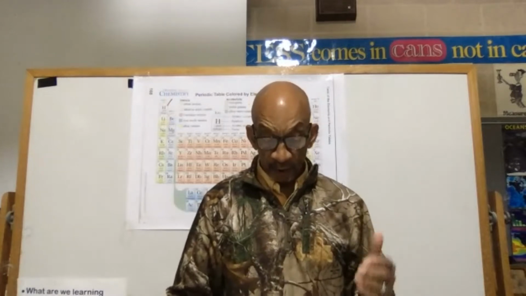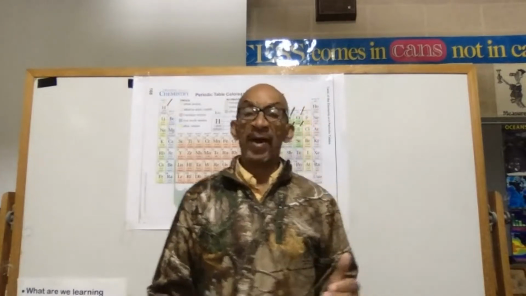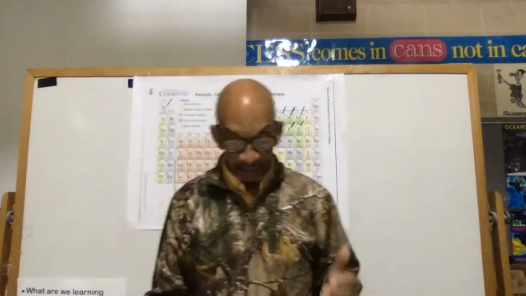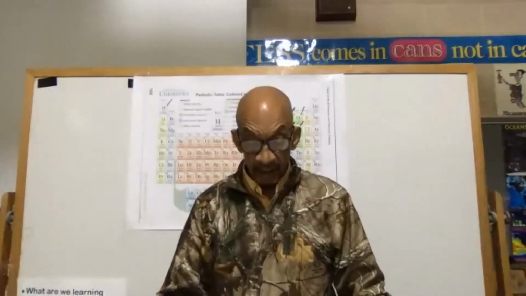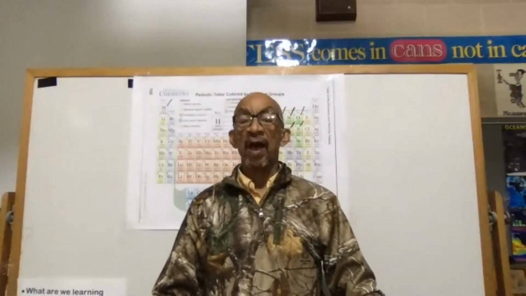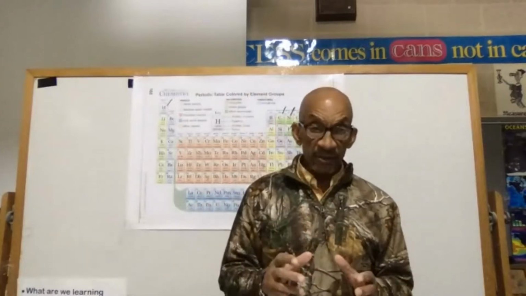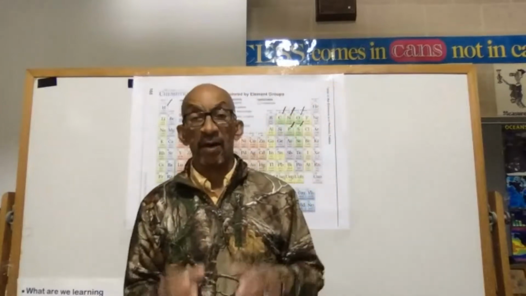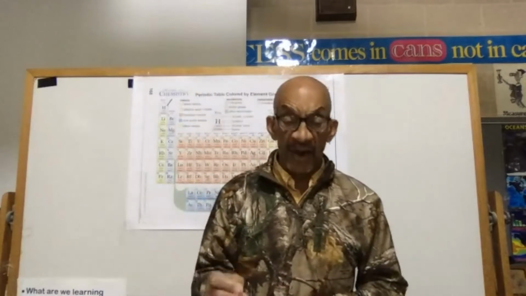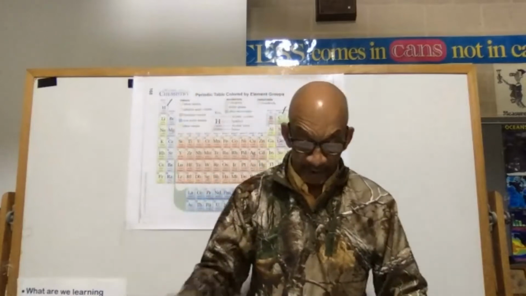And as far as animals are concerned, it makes up 63% of the mass of animals. And it is found in carbohydrates, lipids, nucleic acids, and proteins. Now, oxygen would most likely be the most abundant element found in living organisms. I want you to remember that.